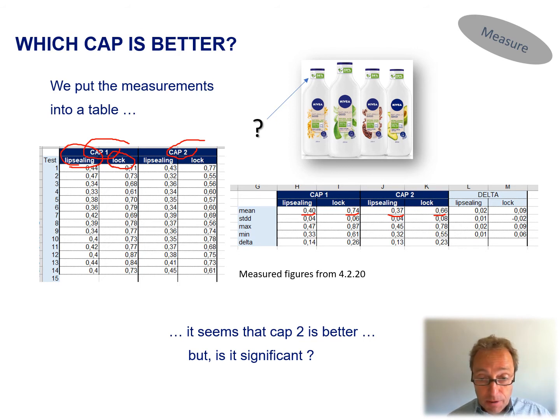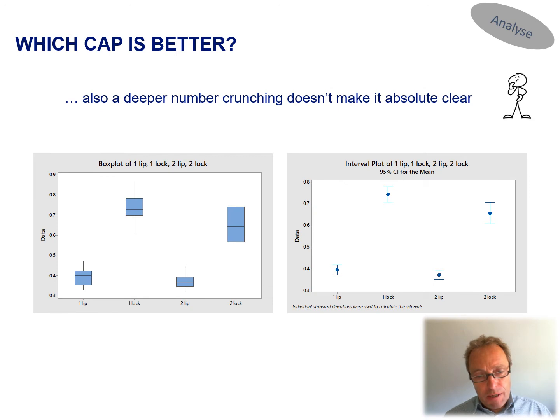Further on we have the standard deviation, and here we see that the standard deviation is slightly higher. This is of course against us. So we have a lower mean and a higher standard deviation. It's not clear what it means exactly, so we have to crunch the numbers a little bit deeper.